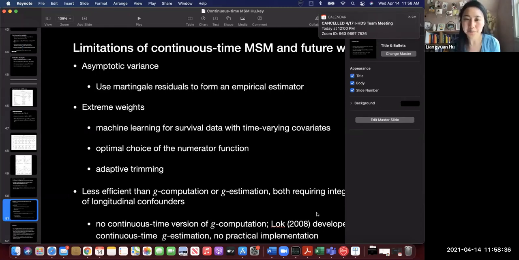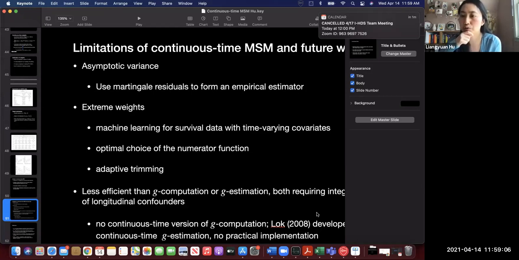That's an important question. We also thought about using G computation, but I haven't found any literature in this area, using an outcome modeling based approach without having to bin the times, just using the continuous time scale. I think it's very hard.